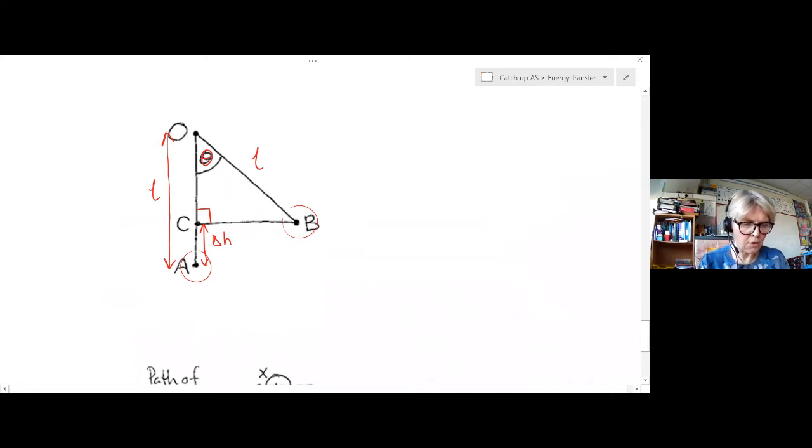But we can use trigonometry to work out what this distance OC is. So OC is given by the adjacent to the angle. If we've got the adjacent and we've got the hypotenuse, we can use cos theta equals the adjacent OC divided by the length, the hypotenuse.